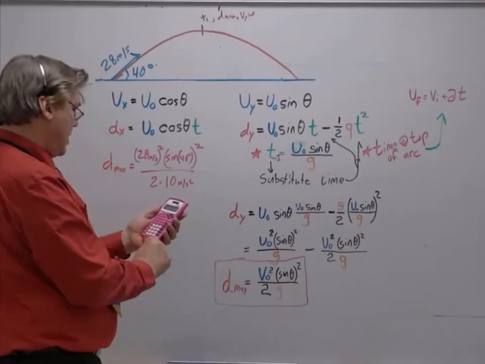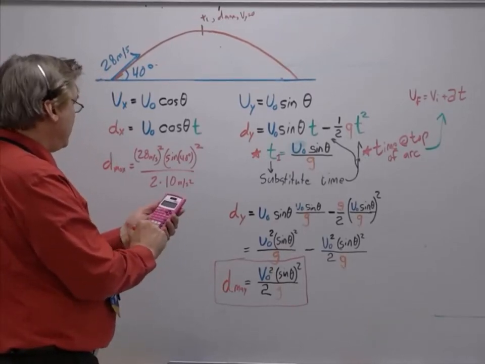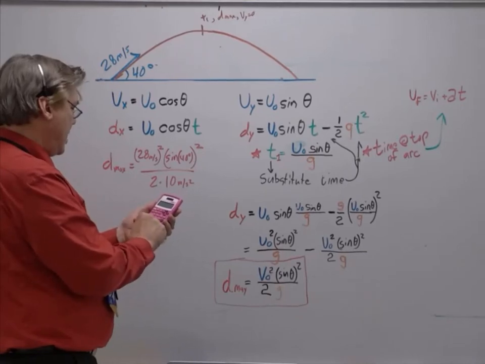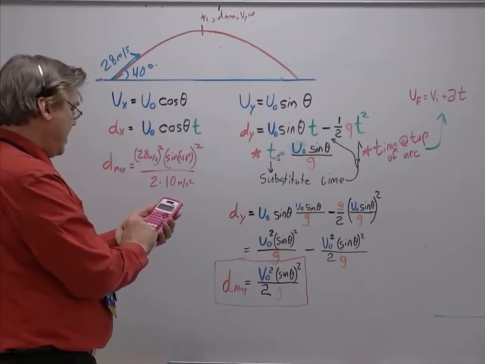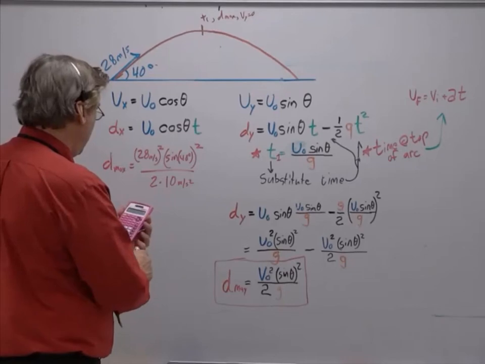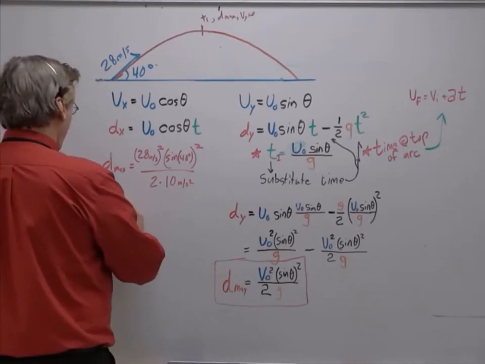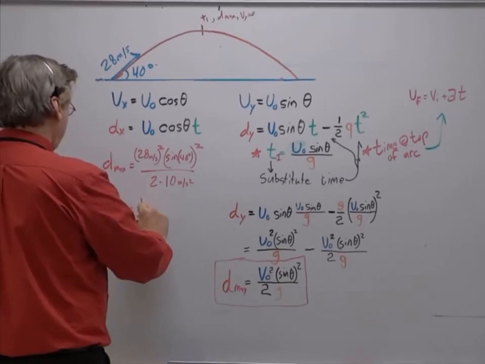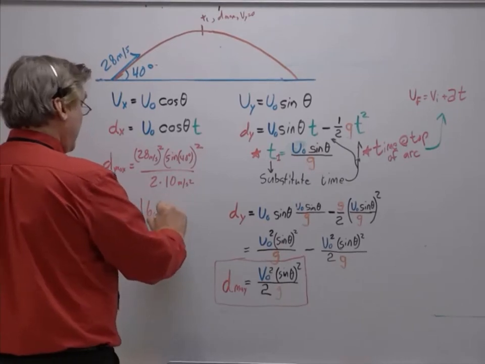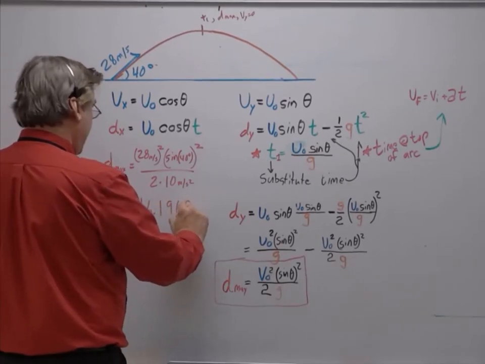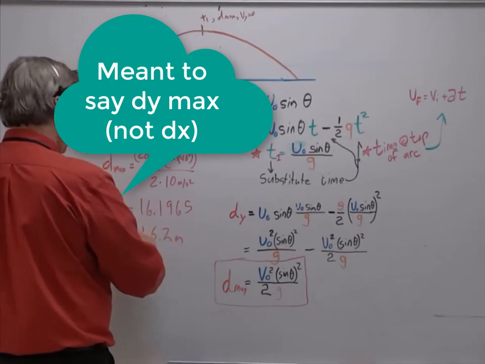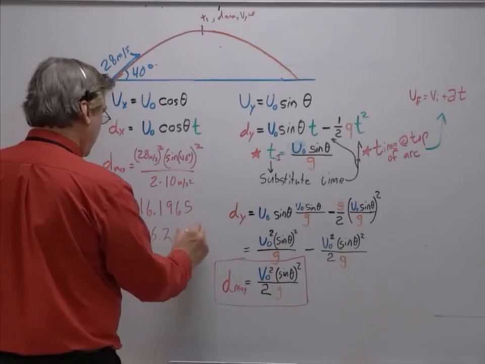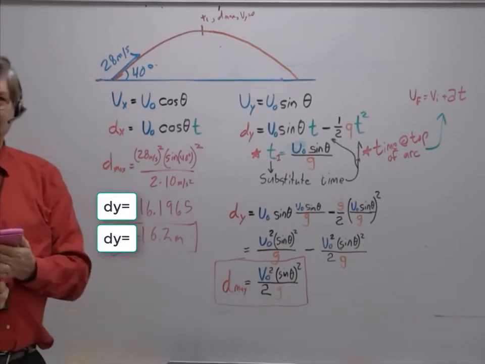Plug that into my calculator: 28 squared times sine 40 close parentheses squared divided by 20. And I get 16.1965, so I'm going to go 16.2 meters. And there you have it.